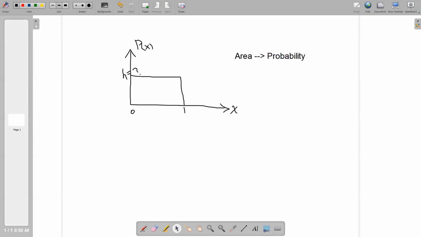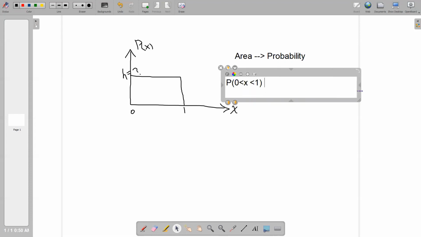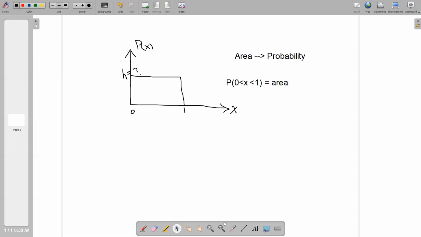So in here, we can see that the probability of x between 0 and 1 will be equal to the area enclosed by the whole sample space. Right? So what will be the area between 0 and 1? That will be the probability of x between 0 and 1, right?